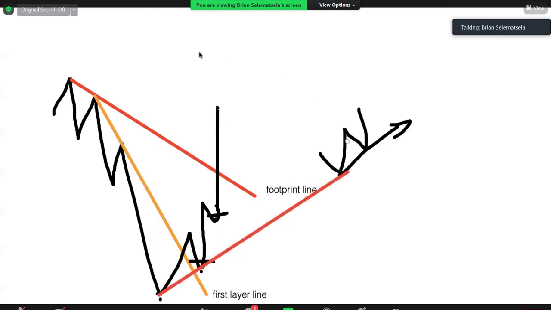And after that, you have to spot the first layer line. Now, as we know, the breaking of the first layer line signals the market to go in the opposite direction.